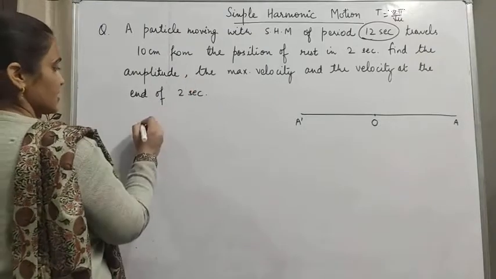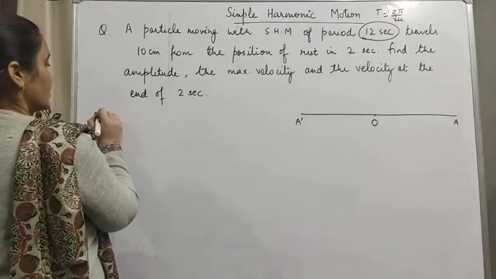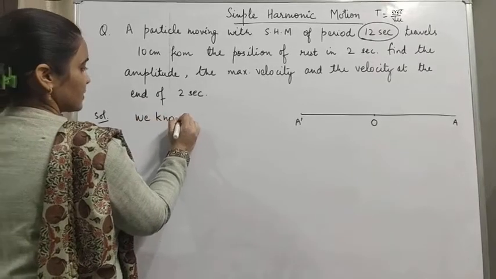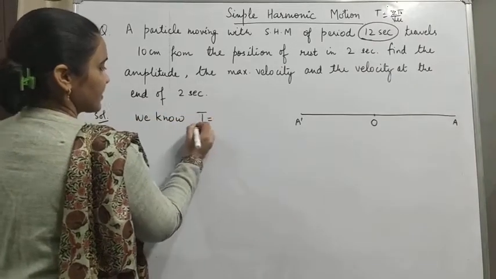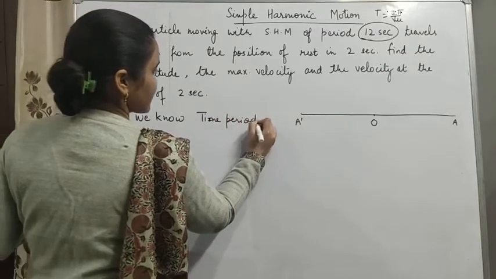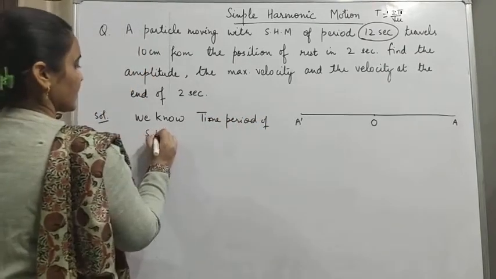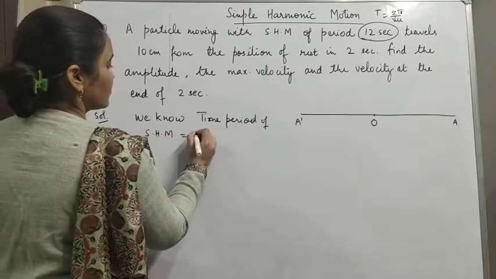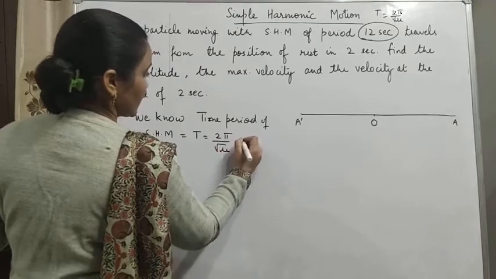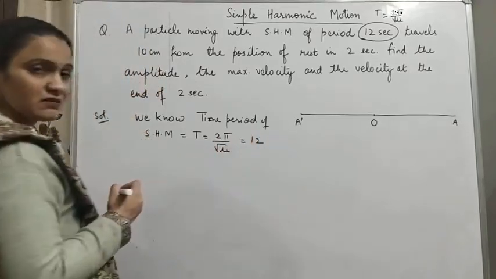Let us use this first solution. We know T, time period of SHM, is equal to 2 pi upon under the root mu. It is given to be 12 seconds.